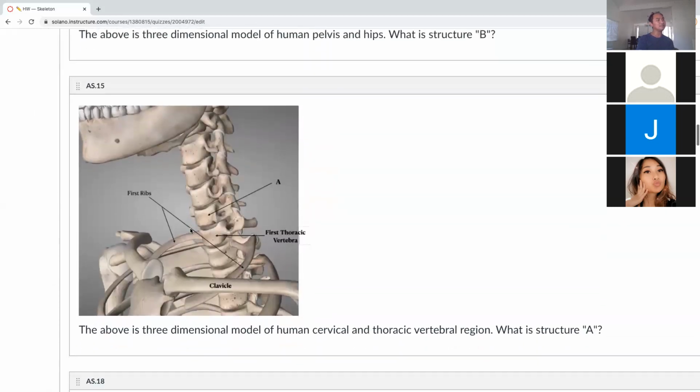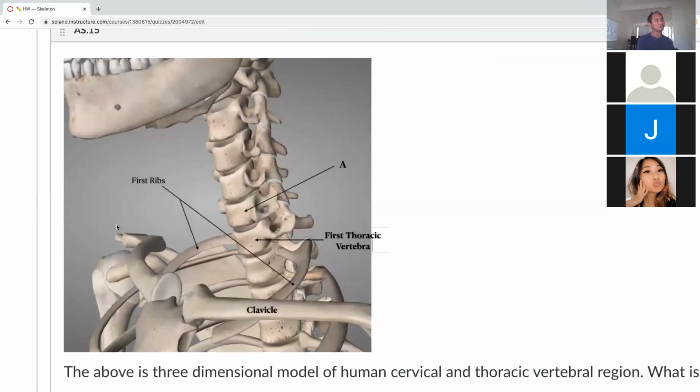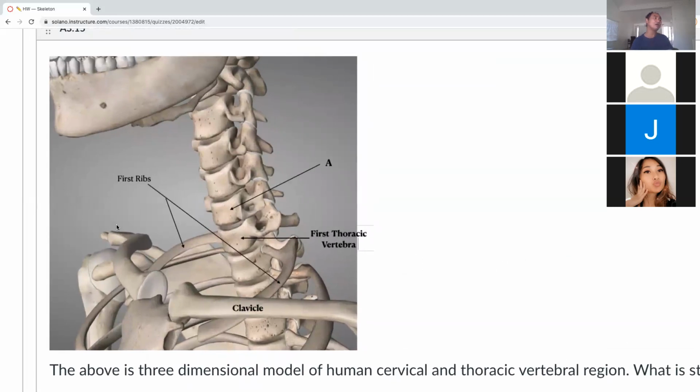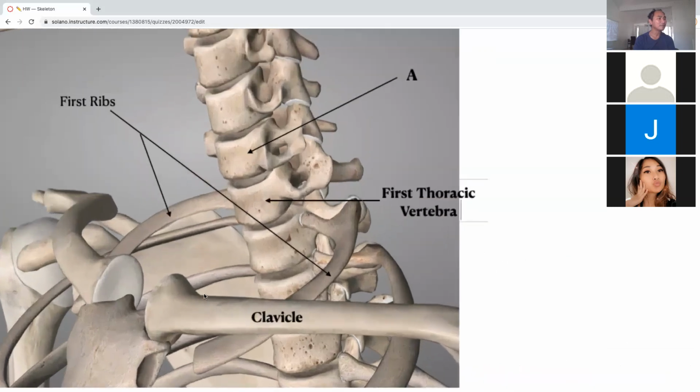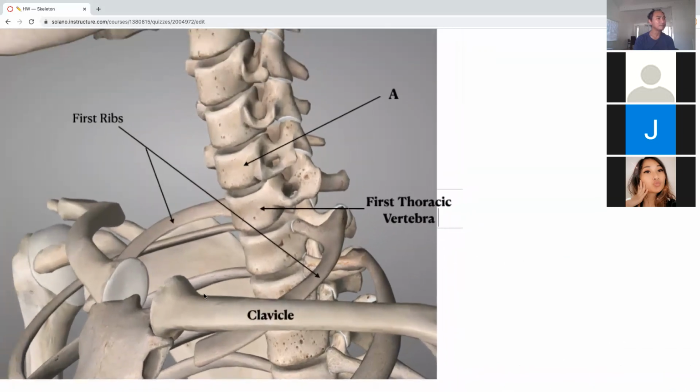I love this question: how many vertebrae do we have for the neck, the cervical spine? We have 7 vertebrae. So if I say this is the first thoracic vertebra, this could be the 7th cervical vertebra.